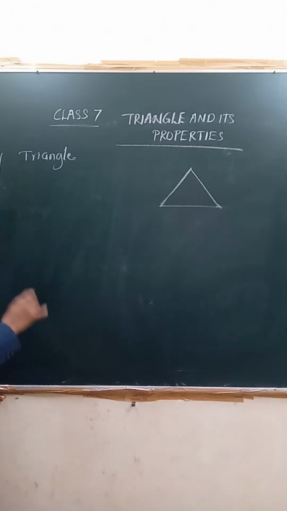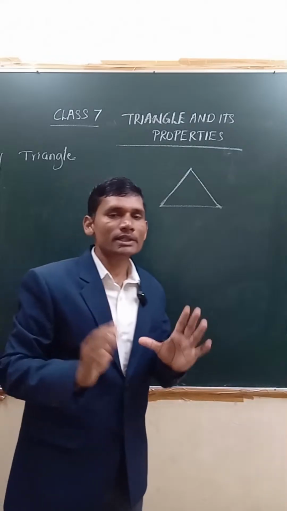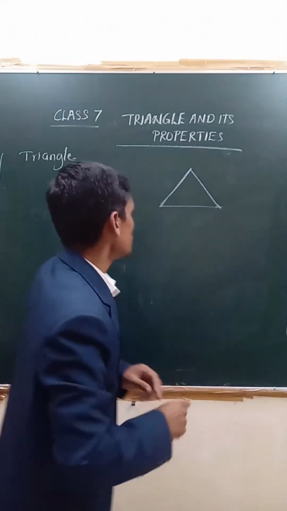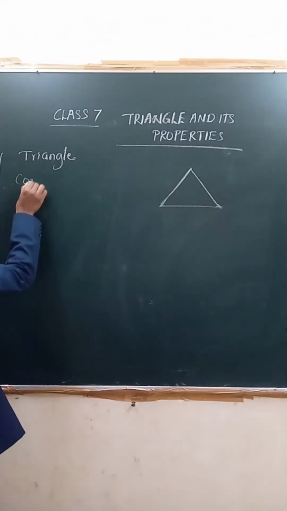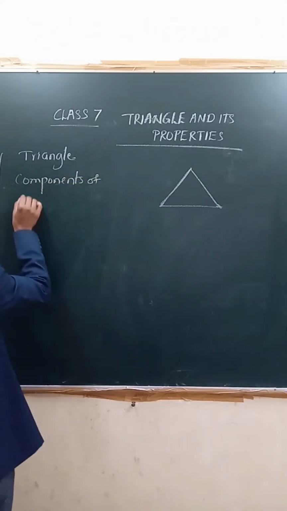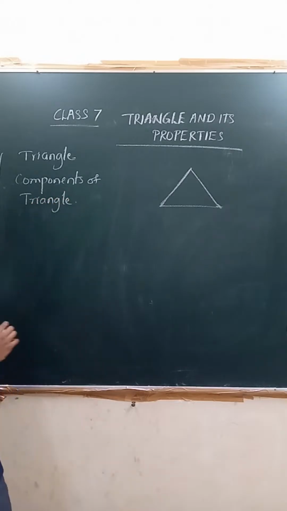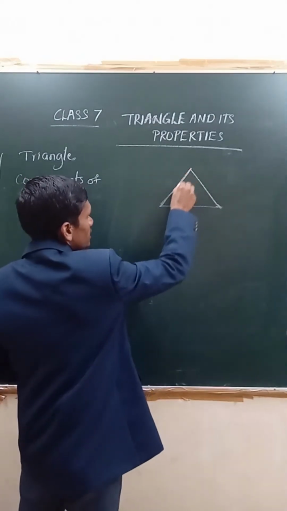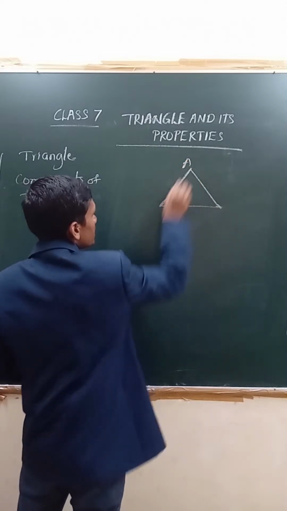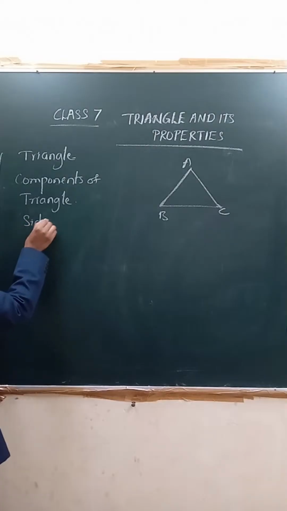Next, this triangle has some things which are called components of the triangle. What are those components of a triangle? That also you must know. In a triangle, you can see these are called sides. If you name this as A, B, C, the sides of the triangle we can name like this.